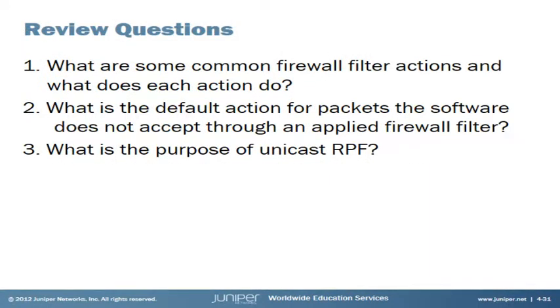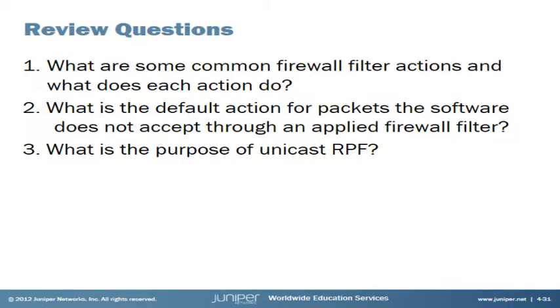Okay, so review questions. What are some common firewall filter actions and what does each of them do? So there were three common actions. What are the three common actions? First one starts with A. Accept. So we can accept, that's an action.